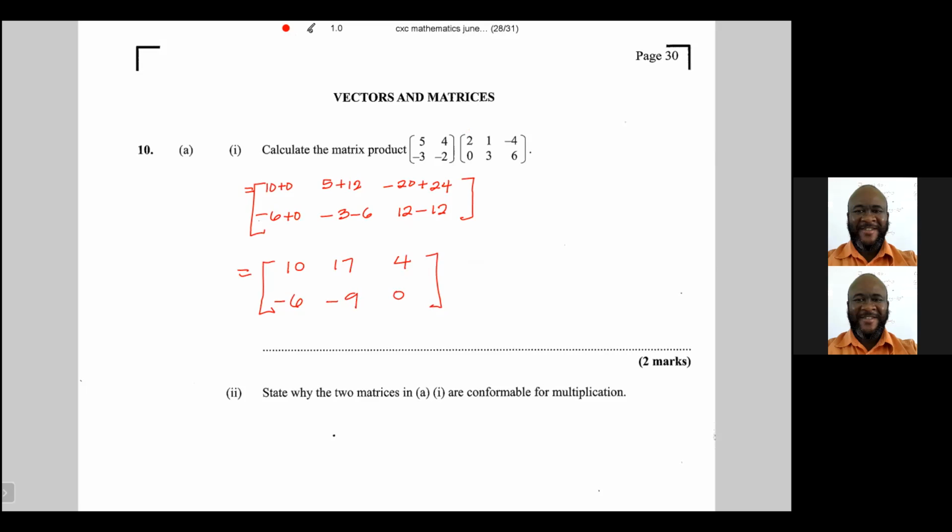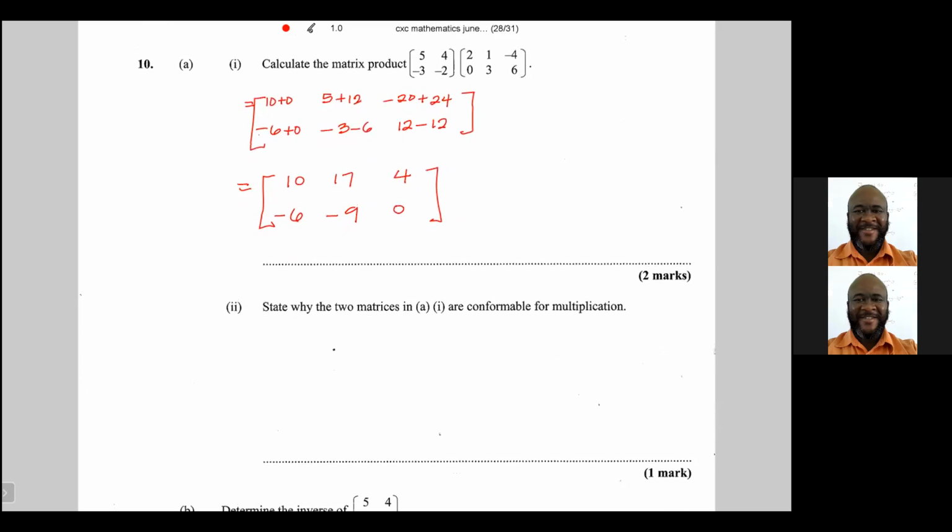The next thing we're asked to do is to state why the two matrices in part a are compatible for multiplication.